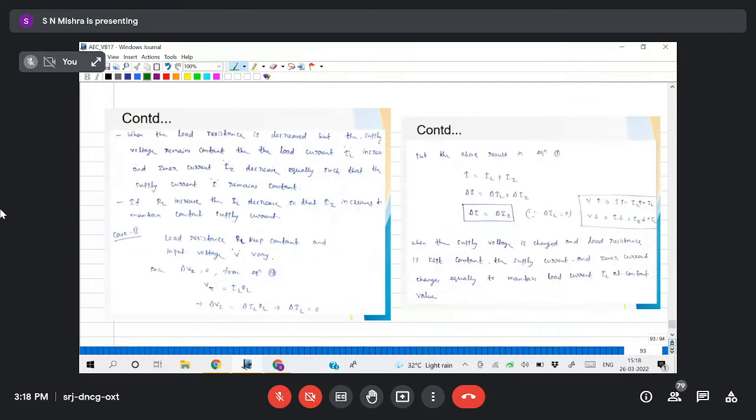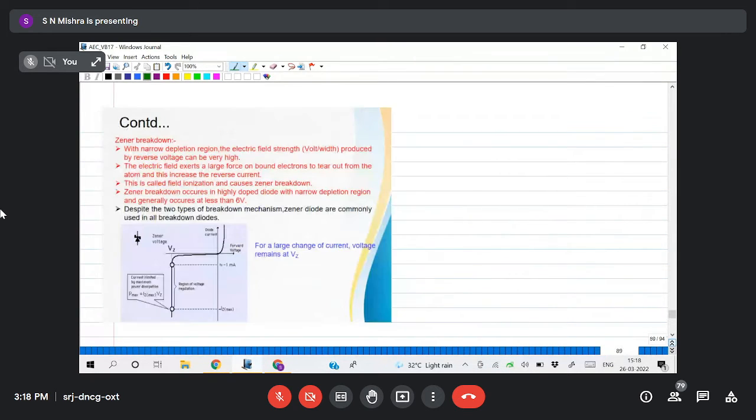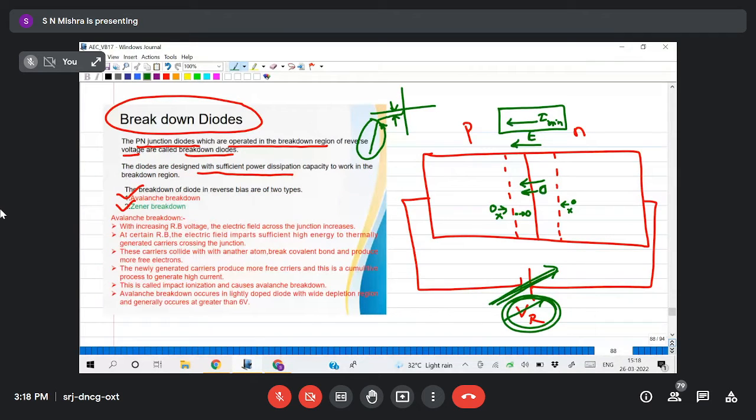Now come to the diagram I have shown here. Electrons are moving in this direction. During this movement, they will generate more electrons. Whatever holes are generated, they will move this side. So this is the hole movement, this is the electron movement. And once these carriers are generated more and more, the concentration of minority carriers here will increase or decrease?